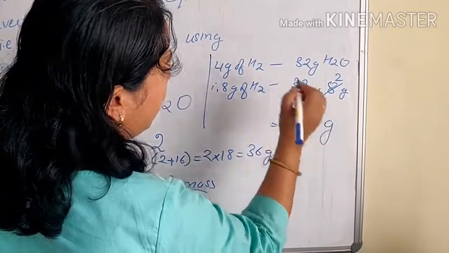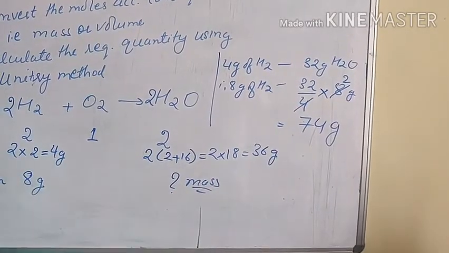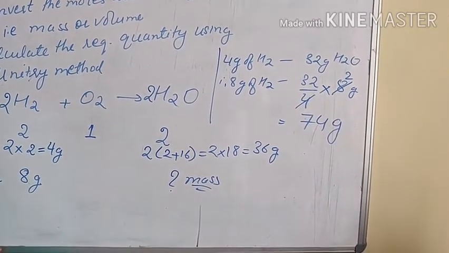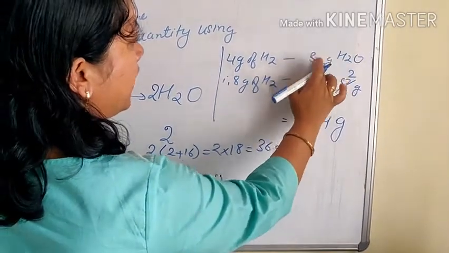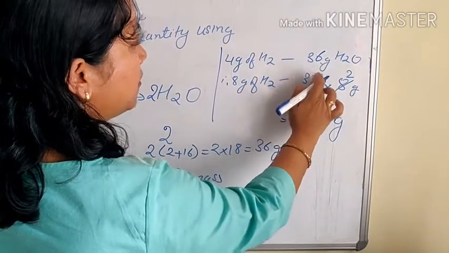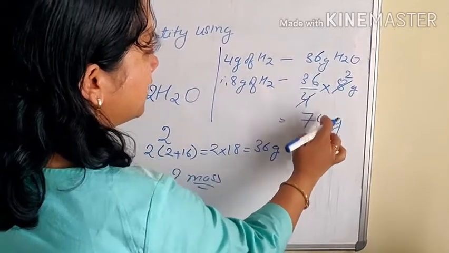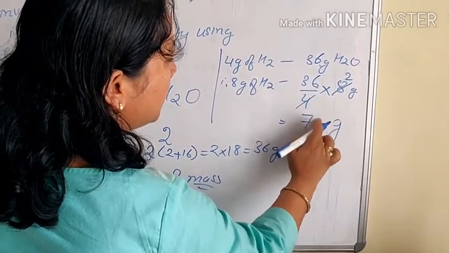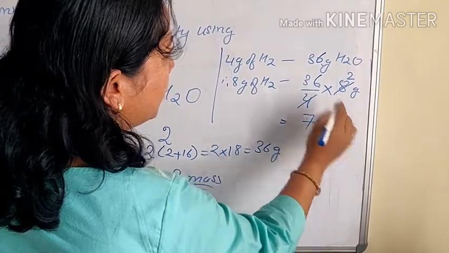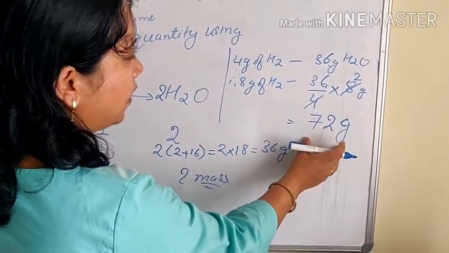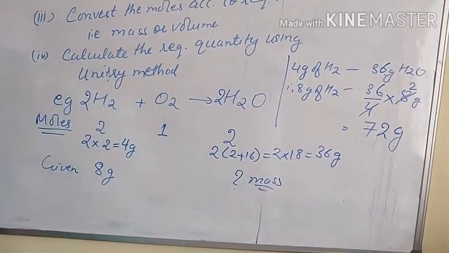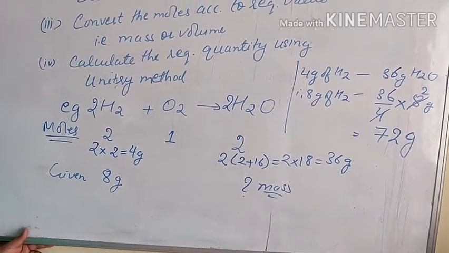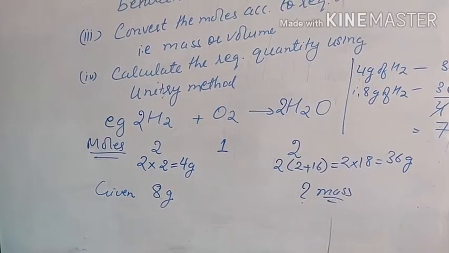Therefore the answer is 72 grams. So 72 gram of water is produced by 8 gram of hydrogen. So this is how we can solve the questions based on stoichiometry.